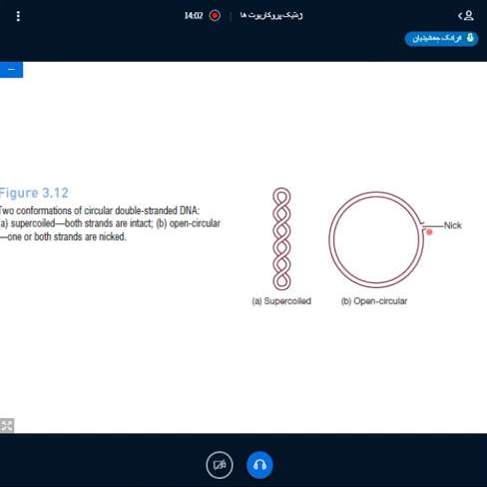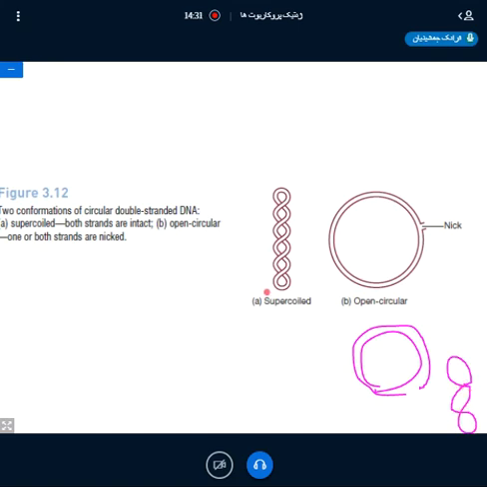Look at here. If we have some nicks in this open circular chromosome, we can't access the supercoil structure.